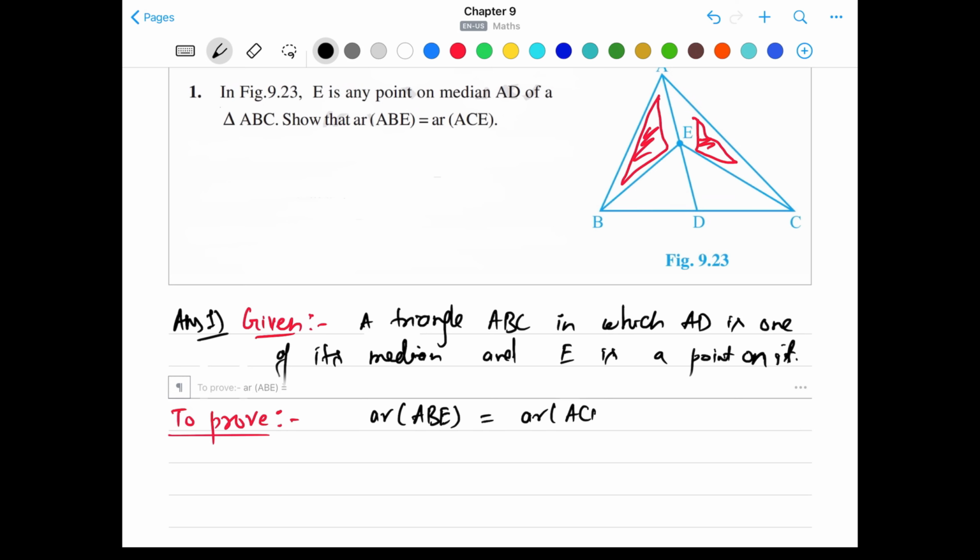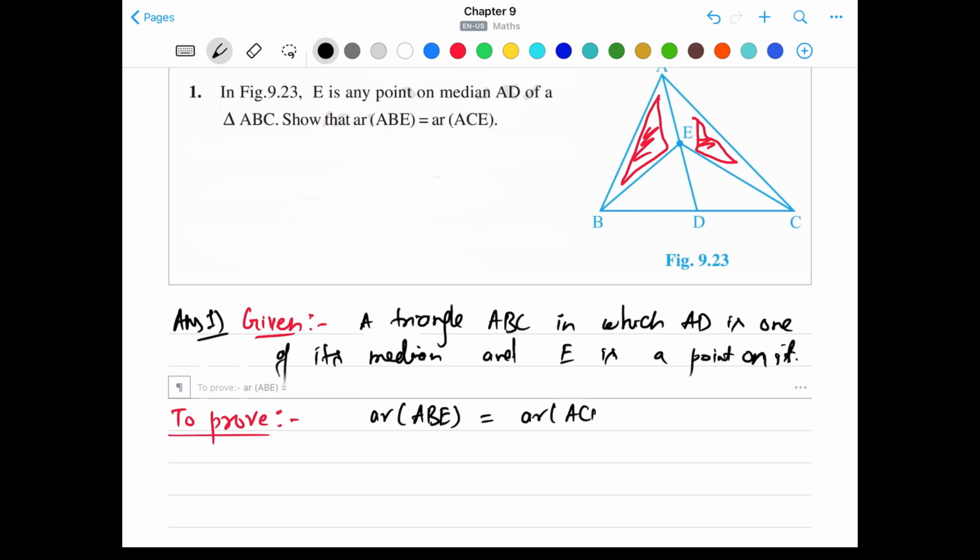Therefore, we can write that the areas of these two triangles will be equal. That is, the area of triangle ABE will be equal to the area of triangle BED.